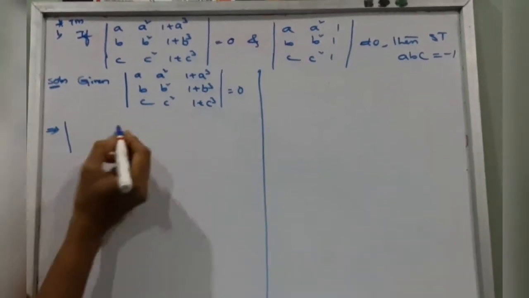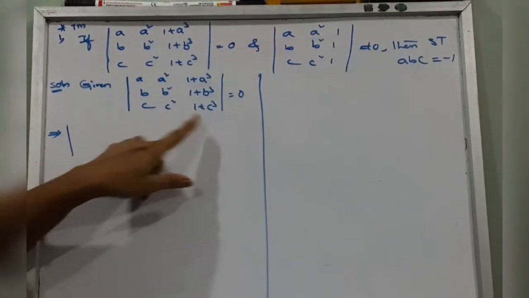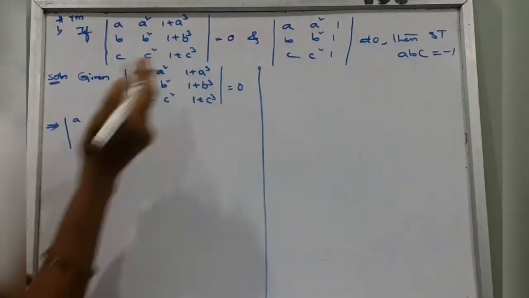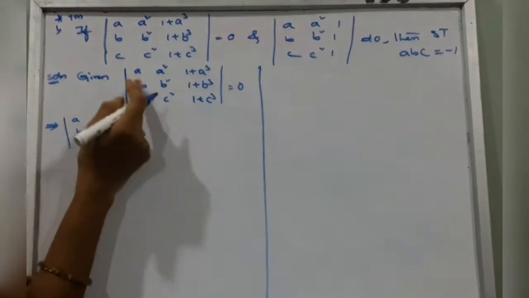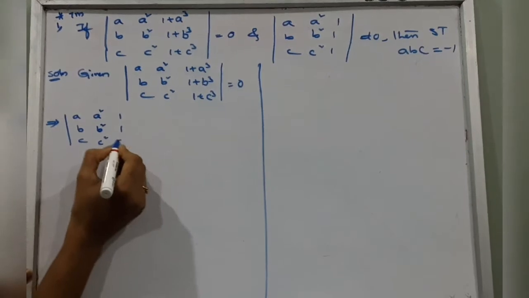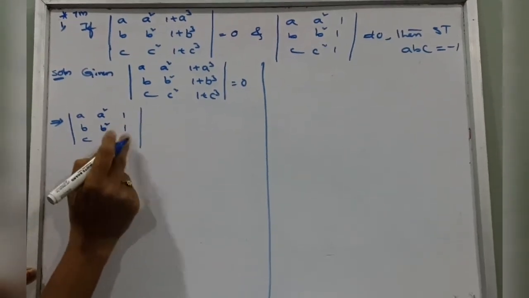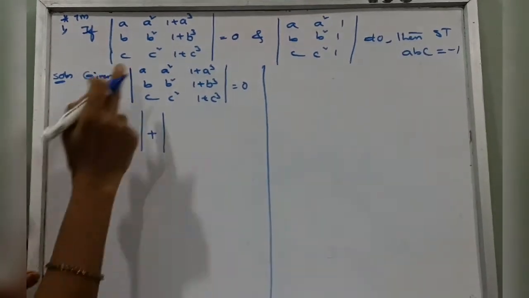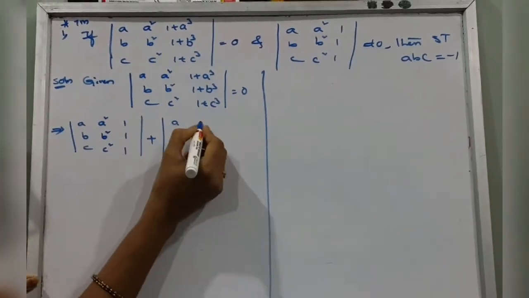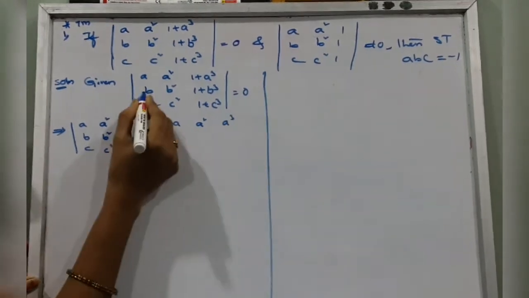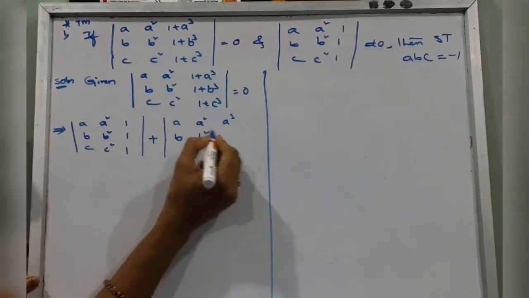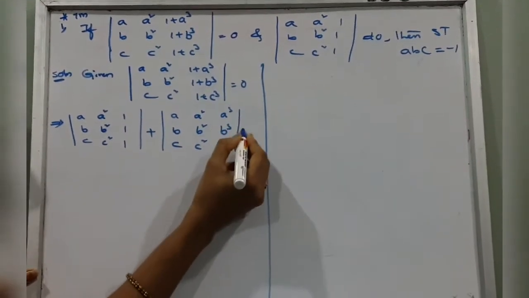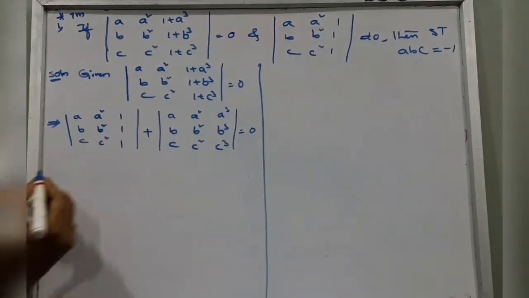from this, it can be written as a sum of two matrices. That means a square, 1; b square, 1; c square, 1 plus a square, a cube; b square, b cube; c square, c cube is equal to 0.